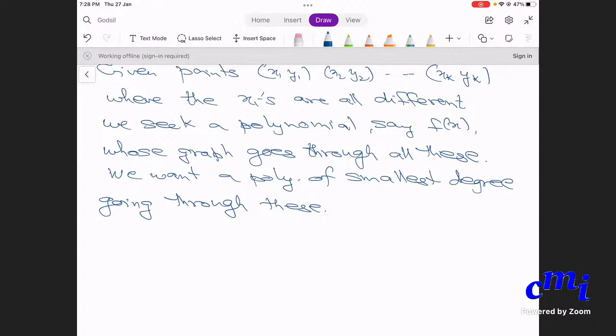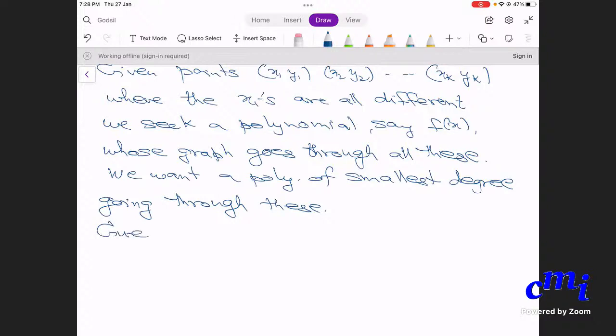A polynomial of degree 2 has three coefficients: ax squared plus bx plus c. That's a quadratic polynomial. A polynomial of degree 3 will have four coefficients. A polynomial of degree k minus 1 will have k coefficients. So maybe we can adjust the k coefficients of a polynomial of degree k minus 1 and satisfy all these conditions. So this is a guess.